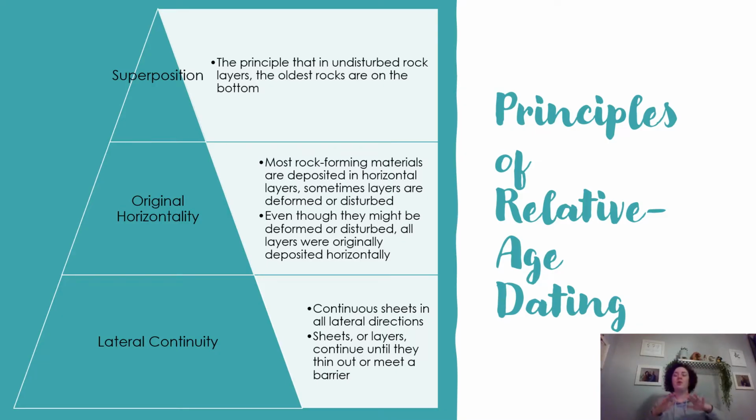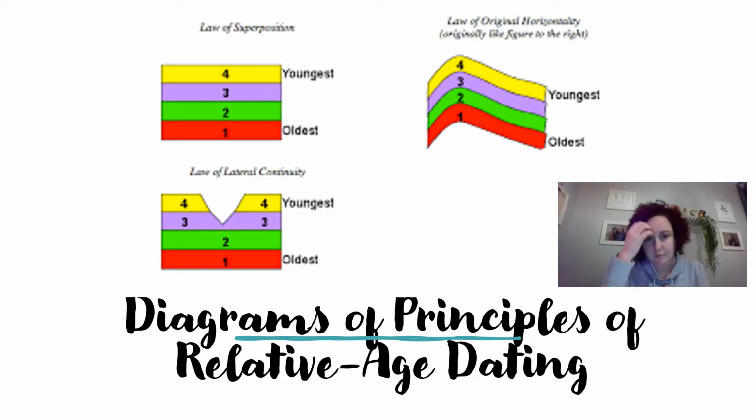So what this means is as things progress out, even if you come up to some sort of a structure, whether it's mountains or a forest sometimes, or the fact that you run into the ocean along the coastlines, as long as it is the same continuous sort of thing, even though it dissipates out, that is again relatively the same age. This next slide has diagrams to hopefully explain it a little bit better.